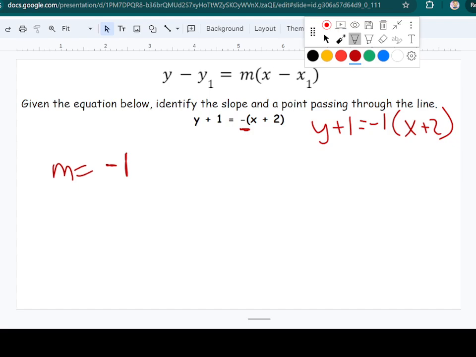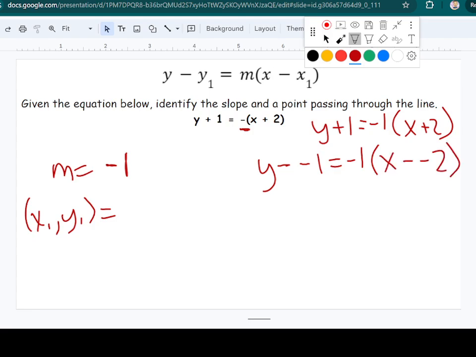And then we've got our point x1 comma y1 that we want to find. So because it's negatives in the original formula, when we end up with positives in our actual equation, what that means is that we've done y minus negative 1 equals negative 1 times the quantity x minus negative 2.